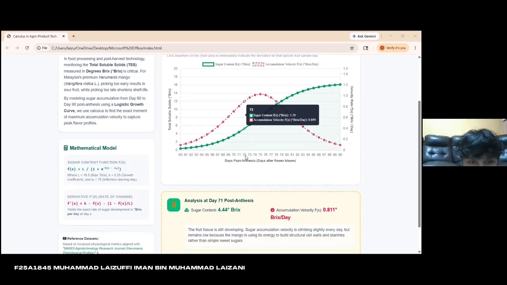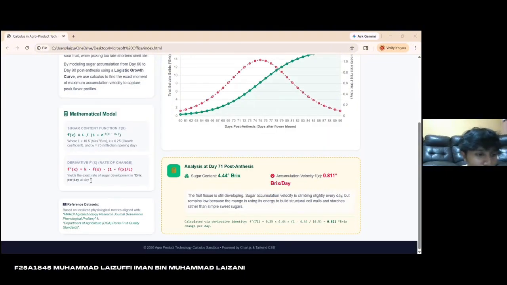For the mathematical model, the logistic growth function is used, this f(x). In this model, each part represents something biological, where L is 16.5, the maximum sugar level in Brix.